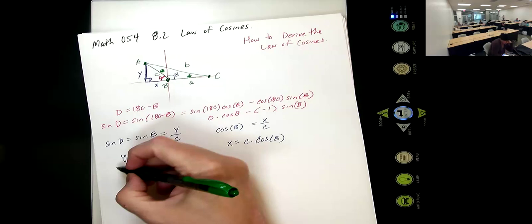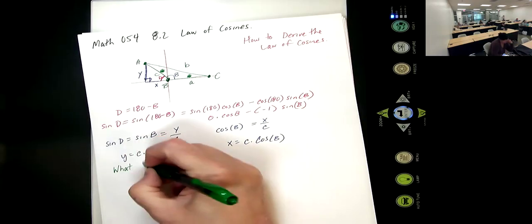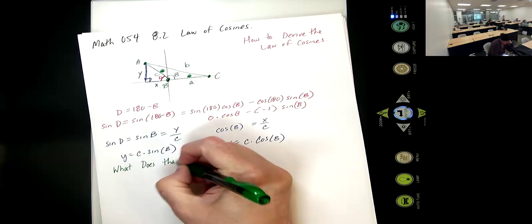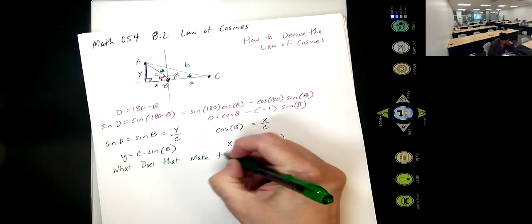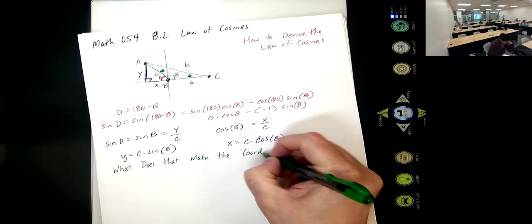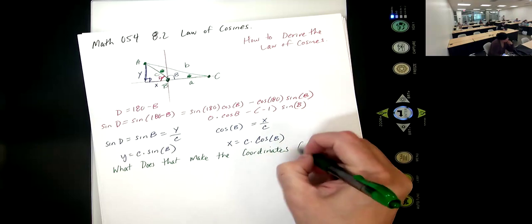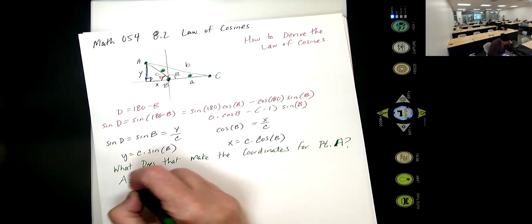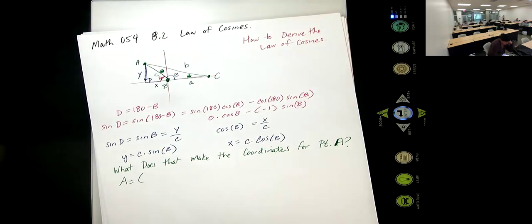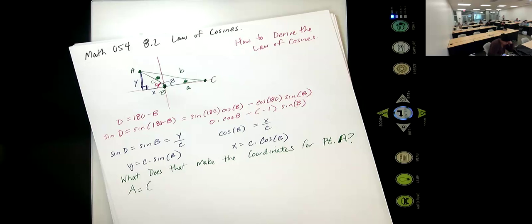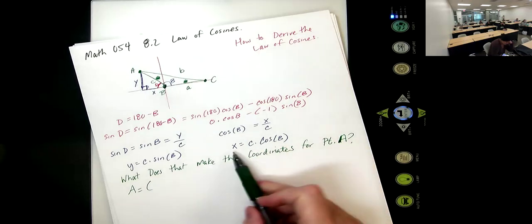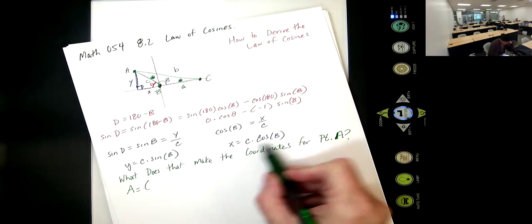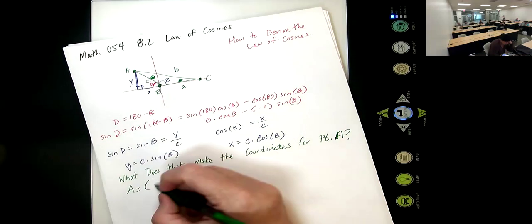What does that make the coordinates for point A? Well, the x value is c cosine B, but it's negative because we're going to the left.